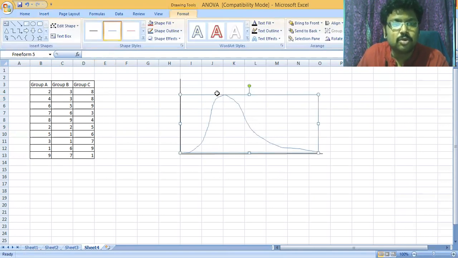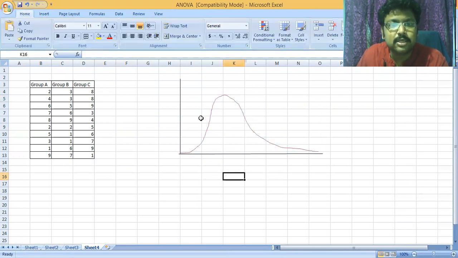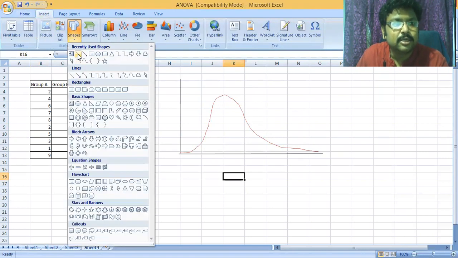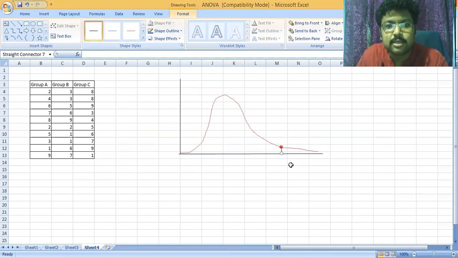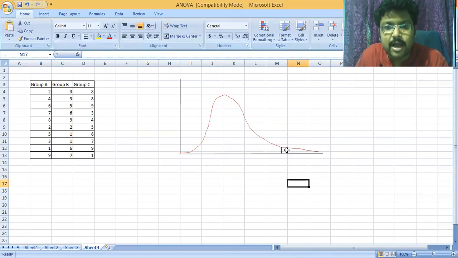So this is the distribution, and there is a rejection region. Suppose this is the rejection region, and look here, alpha is 0.05. That is a 5% level of significance, so the rejection region is 5%.